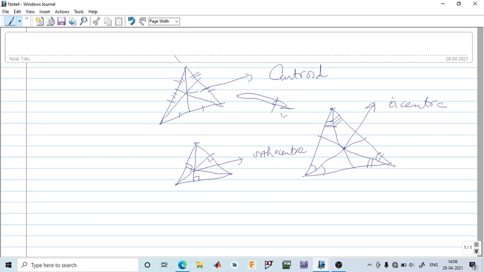The point of concurrence of the three perpendicular bisectors, perpendicular as well as bisector. That is, this is the perpendicular as well as the bisector, and this point of concurrence is known as circumcenter.